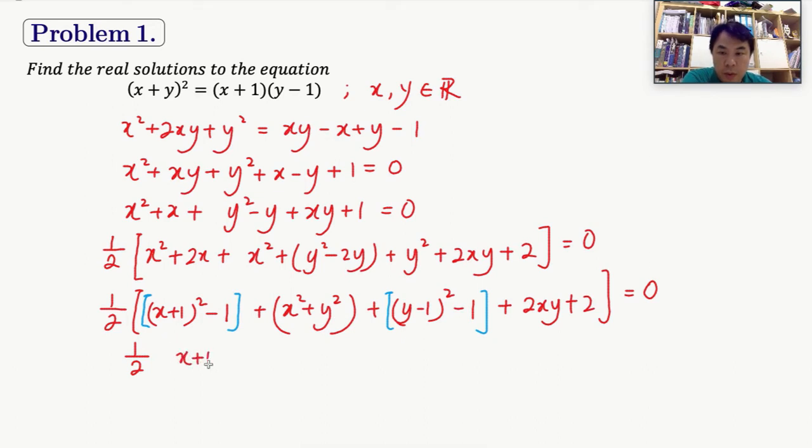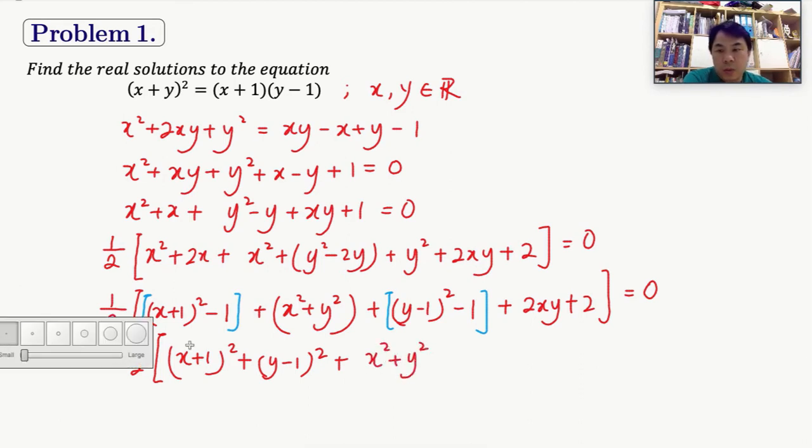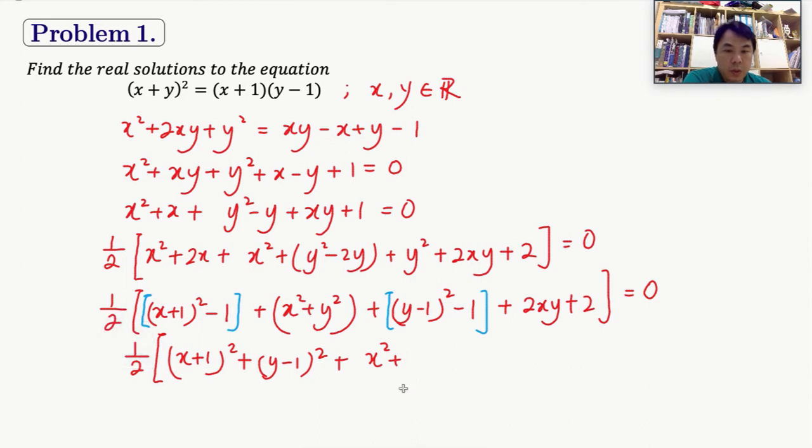So all I have is x plus 1 square plus y minus 1 square here. Okay, and then now this one, x square plus y square is only left with x square plus y square, or maybe I'll rewrite in this form so that it's easier for you to recognize what I'm going to do next. So in this case you will see xy plus a y square.